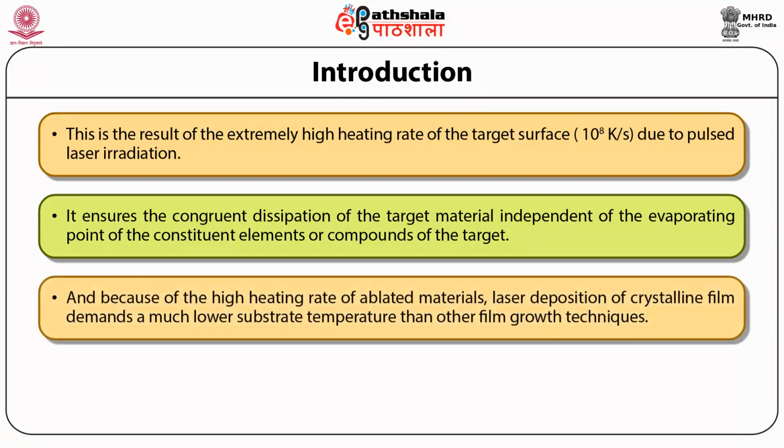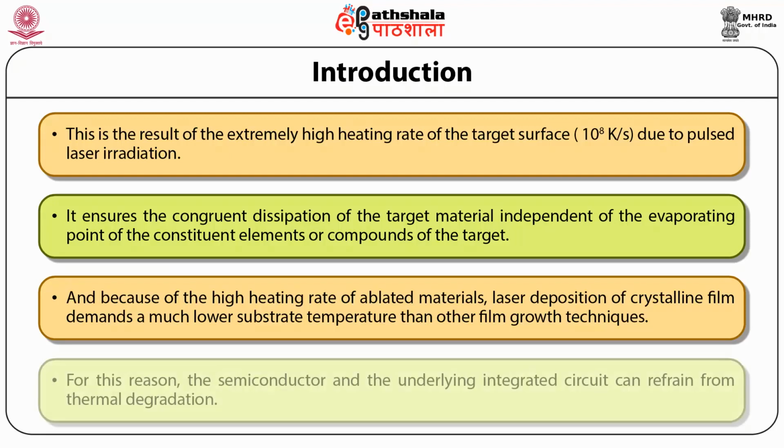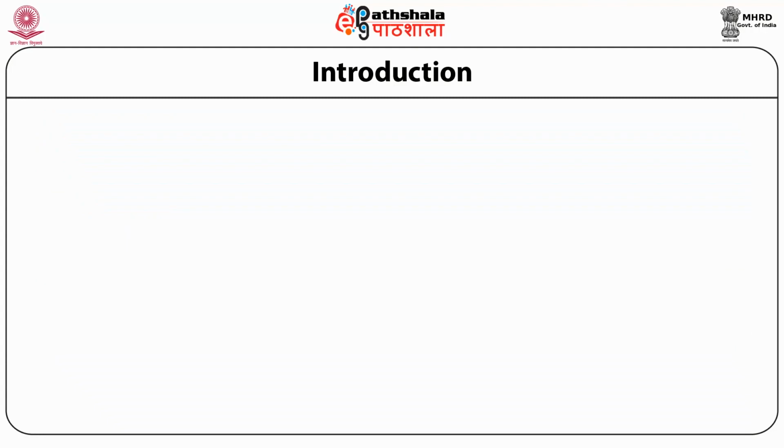And because of the high heating rate of the ablated materials, laser deposition of crystalline film demands a much lower substrate temperature than other film growth techniques. For this reason, the semiconductor and the underlying integrated circuit can be protected from thermal degradation.